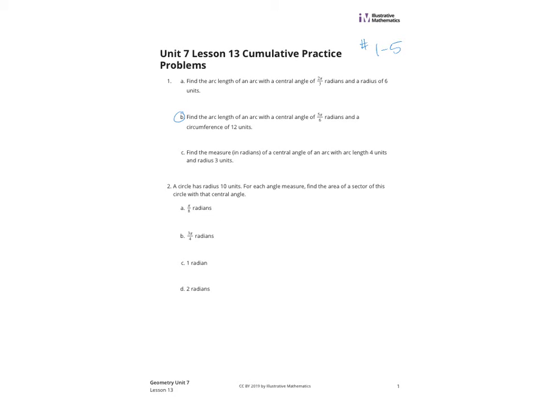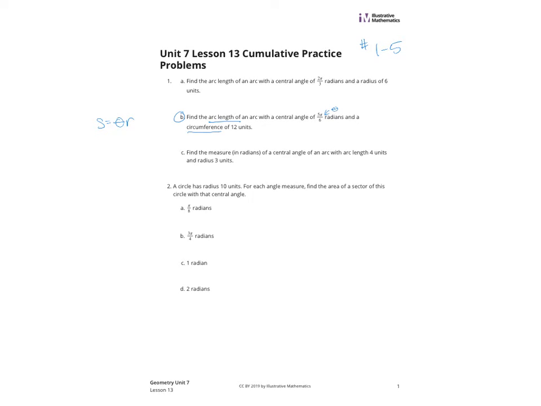It says, find the arc length of an arc with a central angle of 5 pi over 6 radians, that's my theta, and a circumference, ooh, that's not my radius, a circumference of 12 units. So in order to use my formula, remember arc length is equal to theta times the radius.